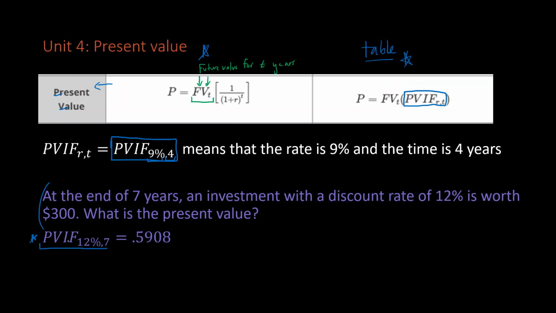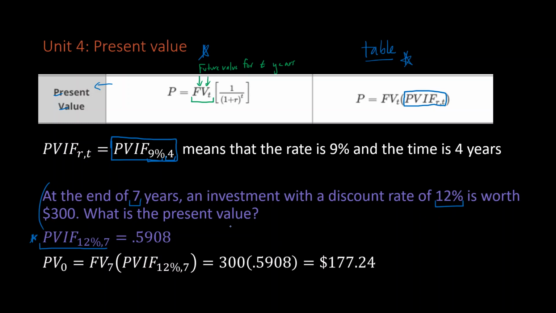So they've given you PVIF for 12% at 7 years, which is exactly the conditions of the question, right? It's 7 years and 12%. So this is a shortcut, and you can take this number and plug it right into the equation. This number is equal to 0.5908.